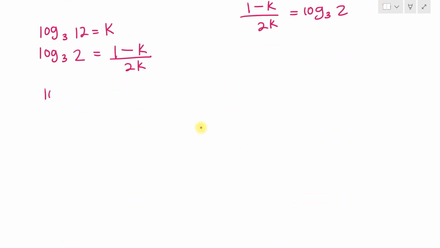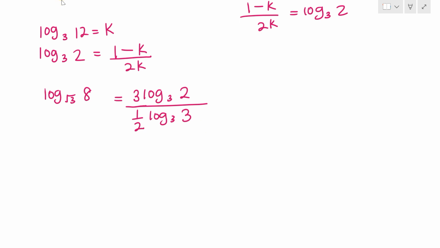It's quite lengthy. We need to express this. So we change the base first. Log 3, log 3. The 8 is 2 power 3. Surd 3 is 3 power half. Okay, now we try to substitute everything.